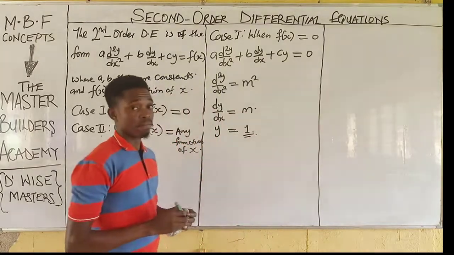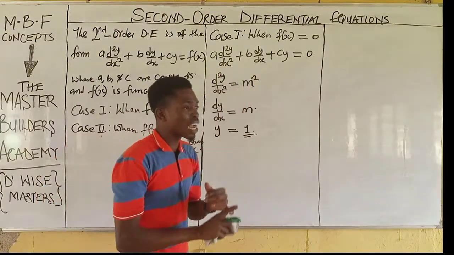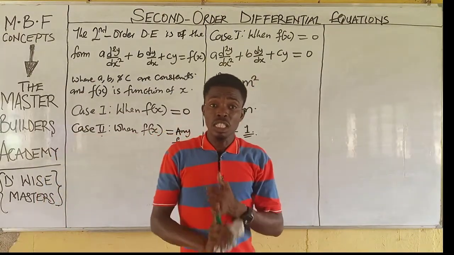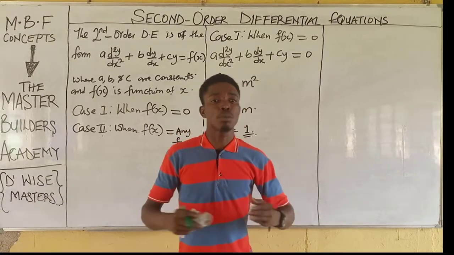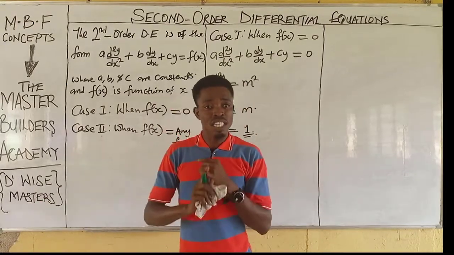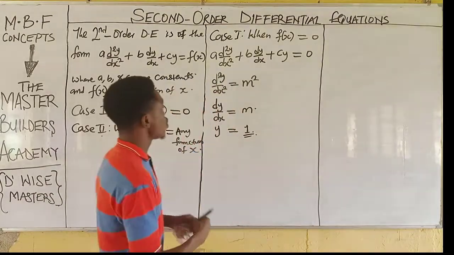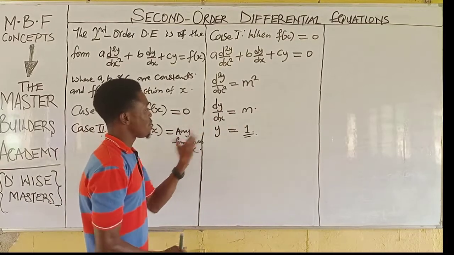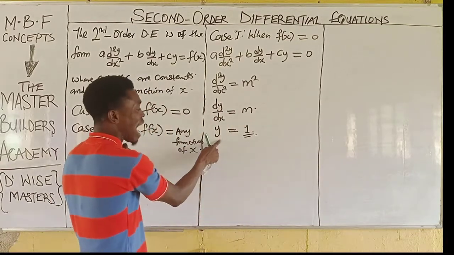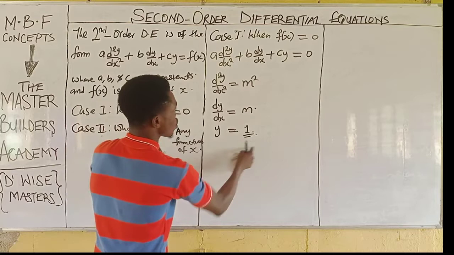So to convert any second order differential equation to its auxiliary equation, which will help us to solve this equation effectively, we change d squared y over dx squared to m squared, change dy over dx to m, and change y to 1.